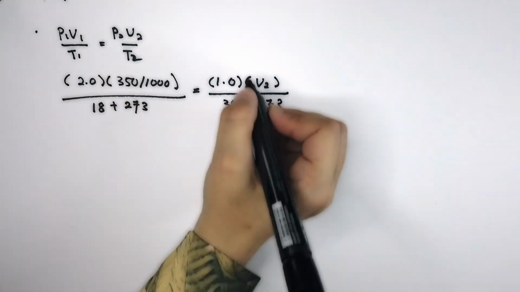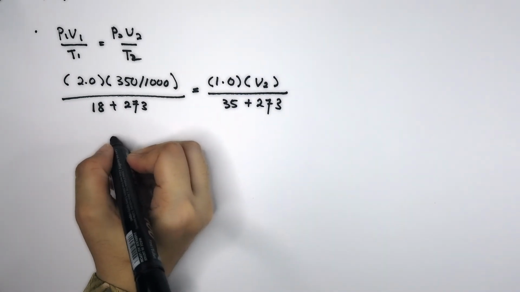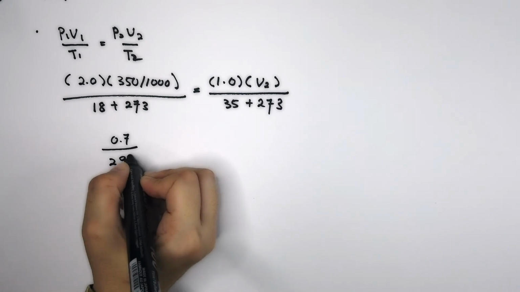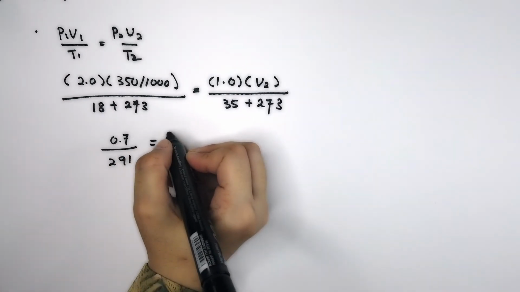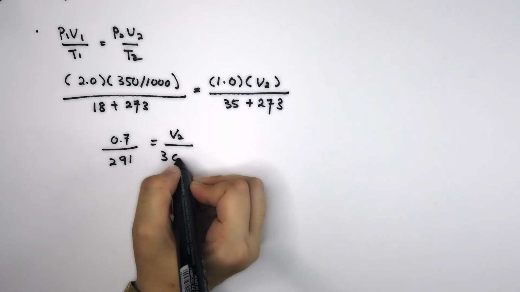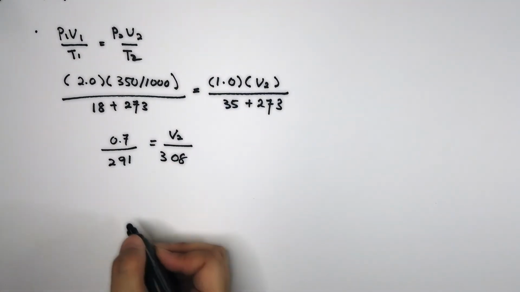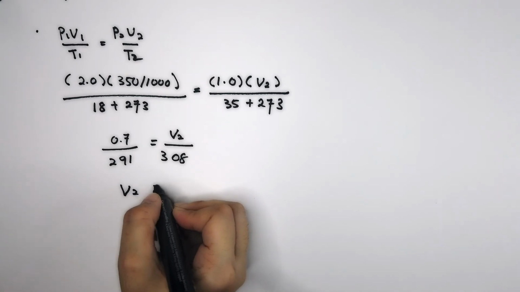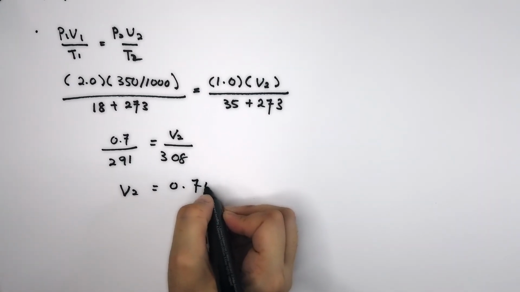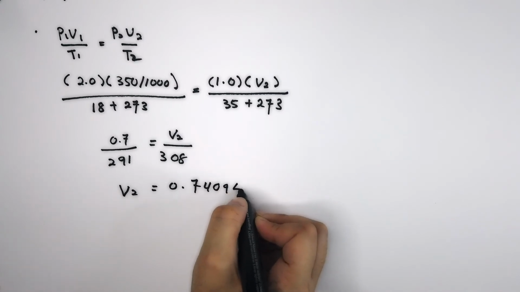So after you have calculated this one, you should get 0.7 over 291 equivalent to V2 over 308. Therefore, you should get your V2 is equivalent to 0.7409 liter.